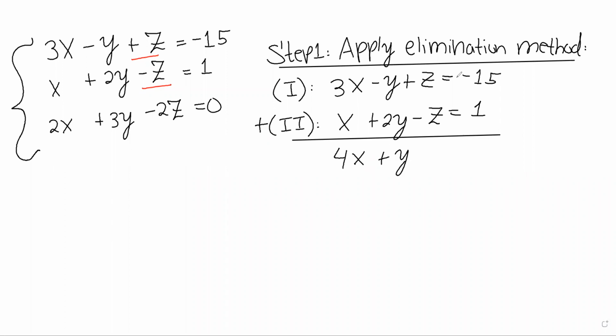Z's eliminate, and I'm left with negative 14. I box this result and I label it equation 4. Good.